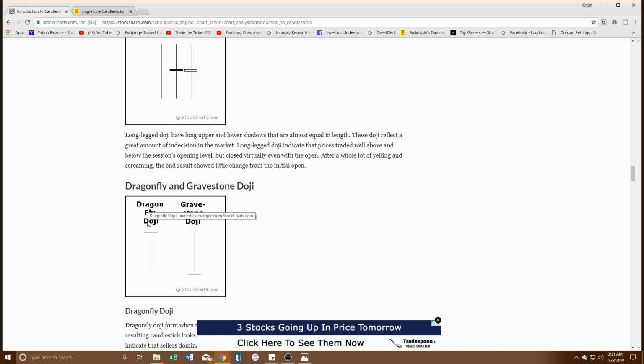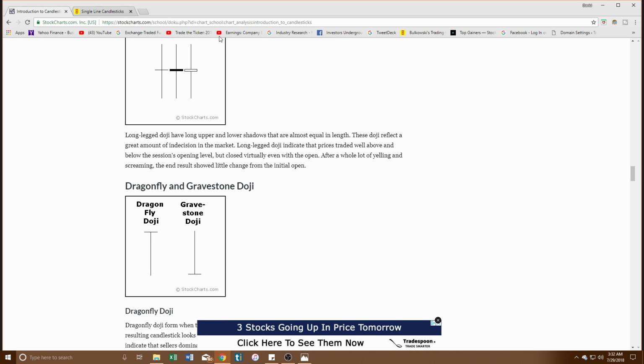Or a dragonfly doji, prices open, go way down, come right back up and close where it opened. Dragonfly dojis you normally see at the bottom of charts. Gravestone dojis you find at the top of charts, because price went up and got rejected at a higher level and came back down. Prices on a lower chart go lower, come right back up and close because prices got rejected lower.